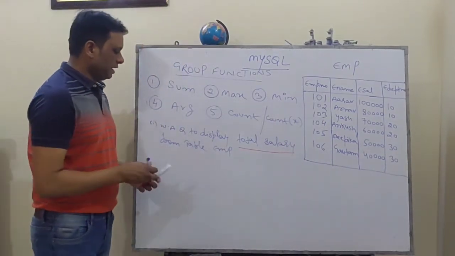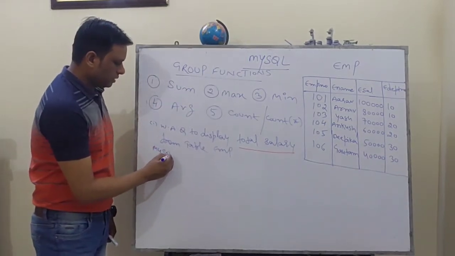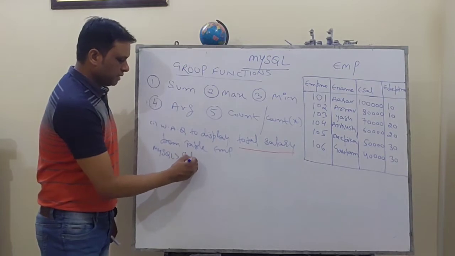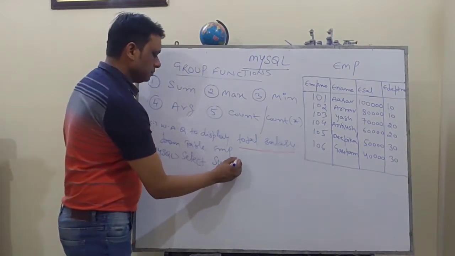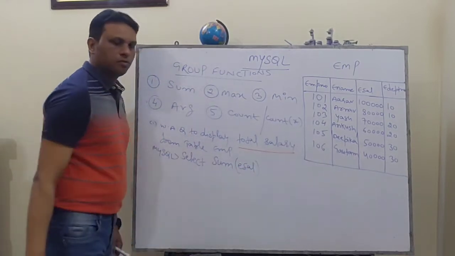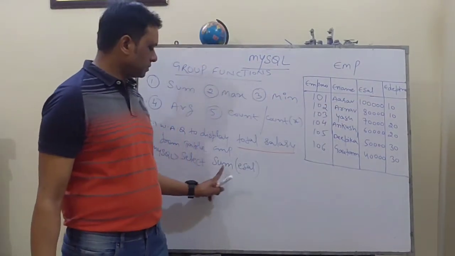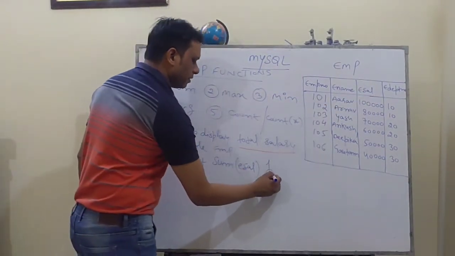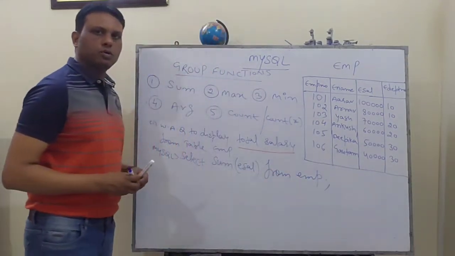So for that, we have to use sum. How? MySQL: select sum, what is the column name? Column name is sal. So put sal, sum from EMP.